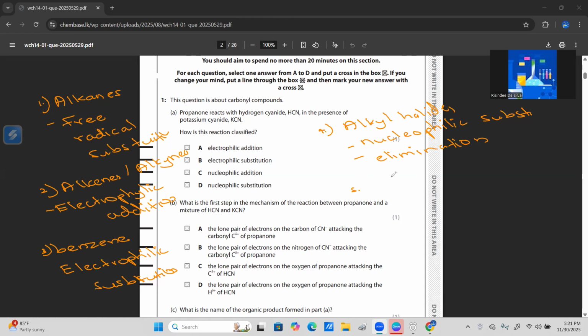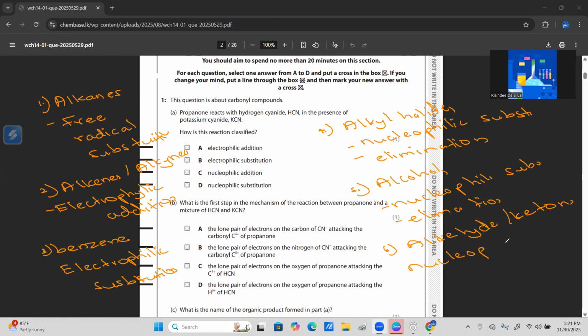Fifth one, alcohols. They also will undergo nucleophilic substitution and elimination. Then we have aldehydes and ketones. They will only undergo nucleophilic addition.